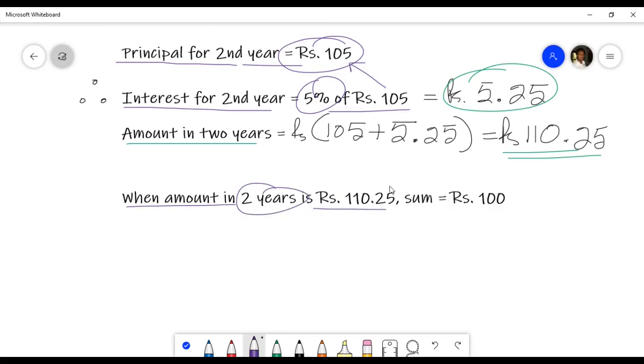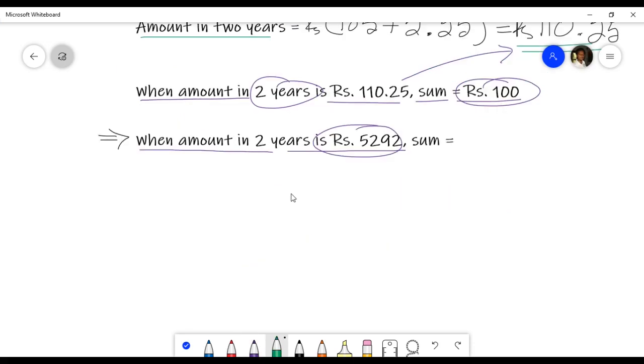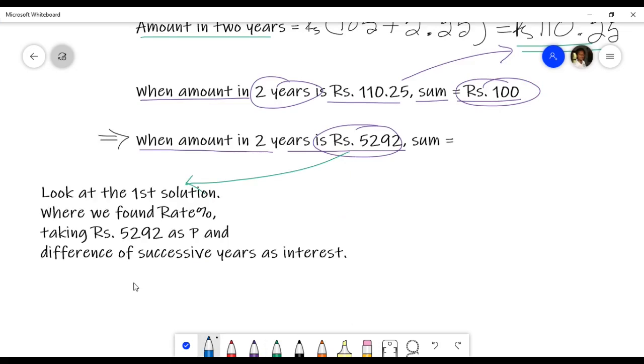Now, when amount in 2 years is rupees 110.25, the sum is how much? Rupees 100, right? When we took the sum as rupees 100, we got the amount in 2 years as 110.25. Now we bring in the principal from the question.